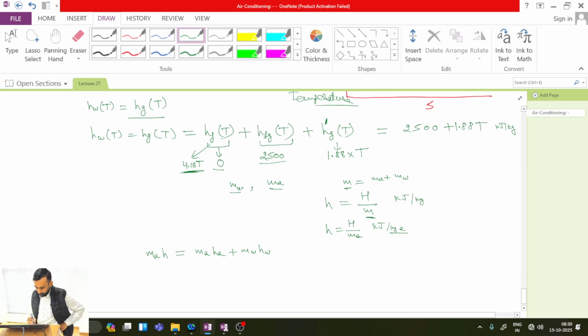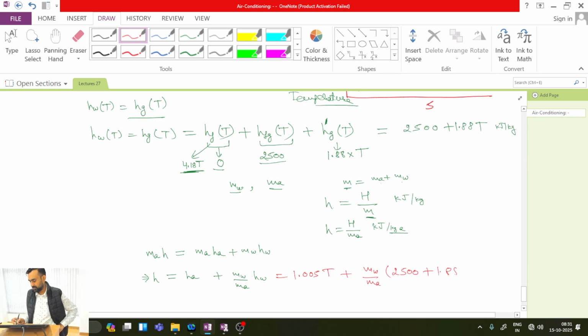So if I write enthalpy on a per unit mass of dry air basis, MA will cancel, and h will be HA plus MW by MA into HW. Ultimately, if I replace, it will be 1.005 into T plus MW by MA into (2500 plus 1.88 into T). And this is in kilojoule per kg of dry air. All of you are agreeing to this point?